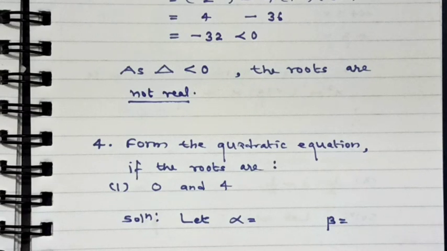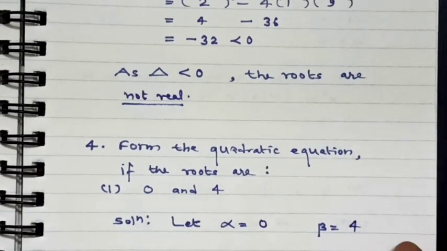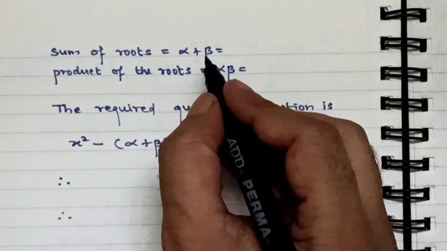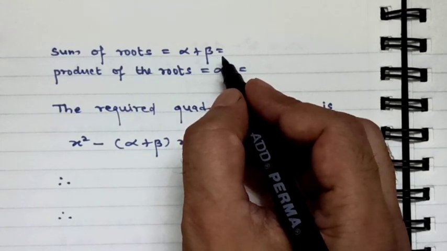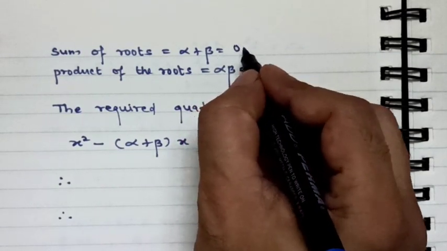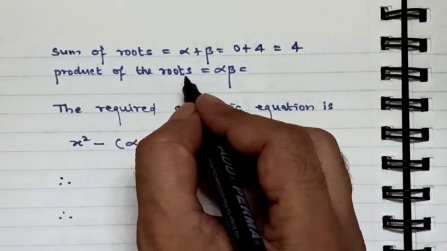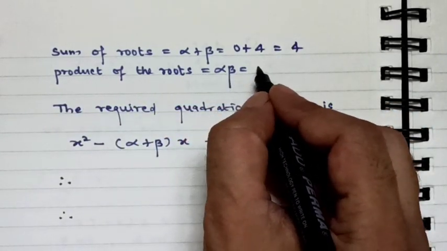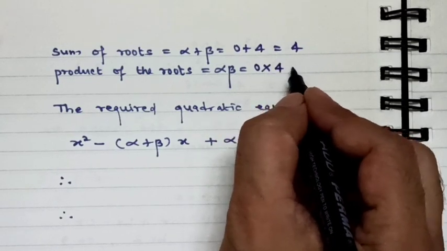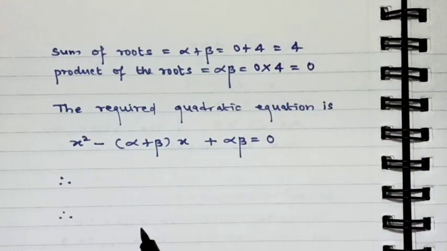Here roots are 0 and 4, so write let alpha is equal to 0 and beta is equal to 4. Sum of the roots, that means alpha plus beta, will be 0 plus 4, which will be equal to 4, whereas product of the roots will be equal to alpha into beta, that means 0 into 4, which will be equal to 0.